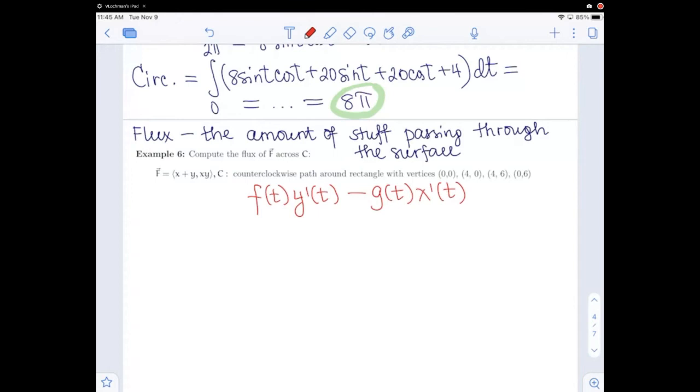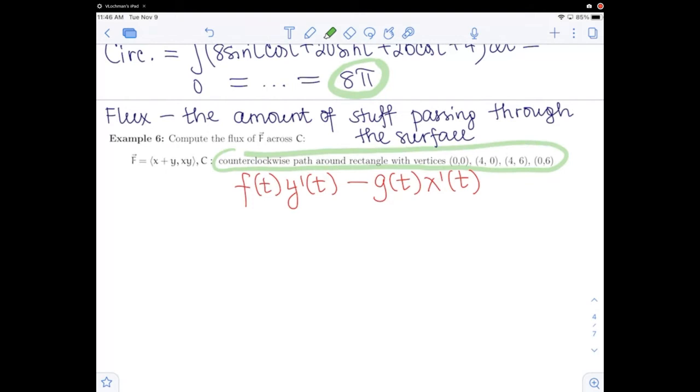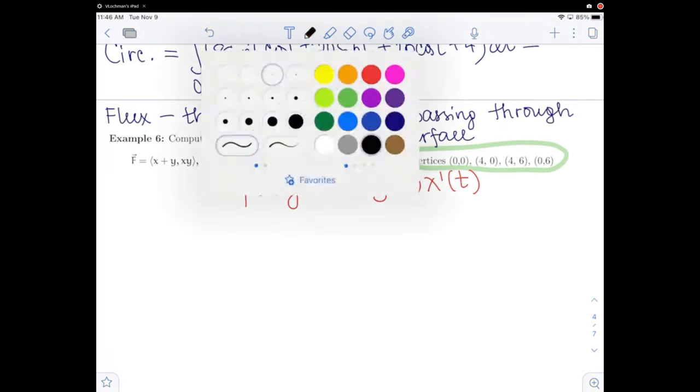The path for our problem is not smooth, but piecewise smooth. We have a counterclockwise path around the rectangle with vertices 0, 0, 4, 0, 4, 6, and 0, 6. Let's make a sketch of this curve.